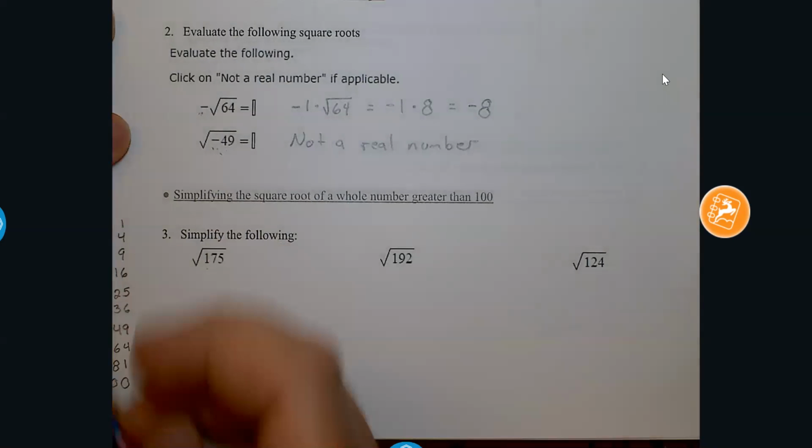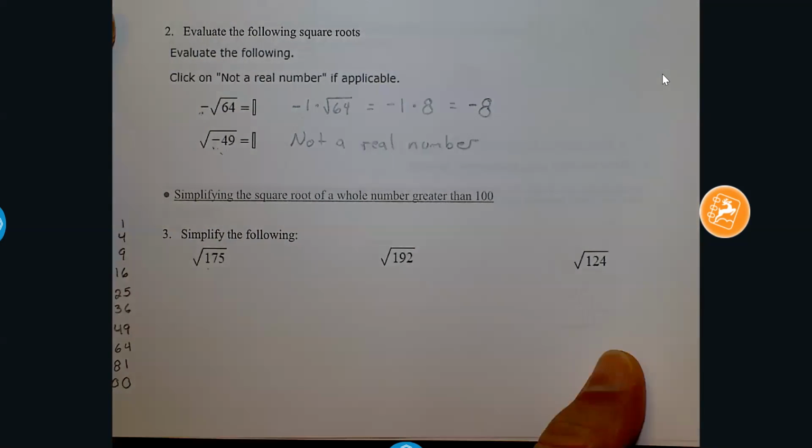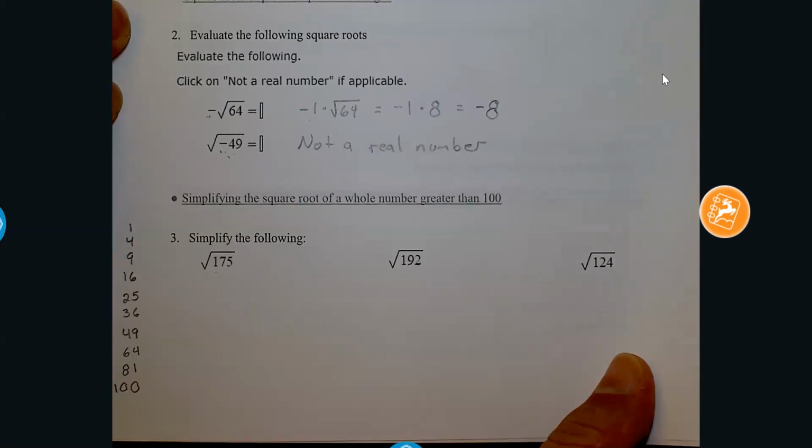Having this list next to you is really going to help, okay? So I like to start with the highest one, right? Do you think 100 is going to go into 175? No. Is 81 going to go into 175? You can simply divide 175 by 81, and it does not go in evenly. Does 64 go into 175?